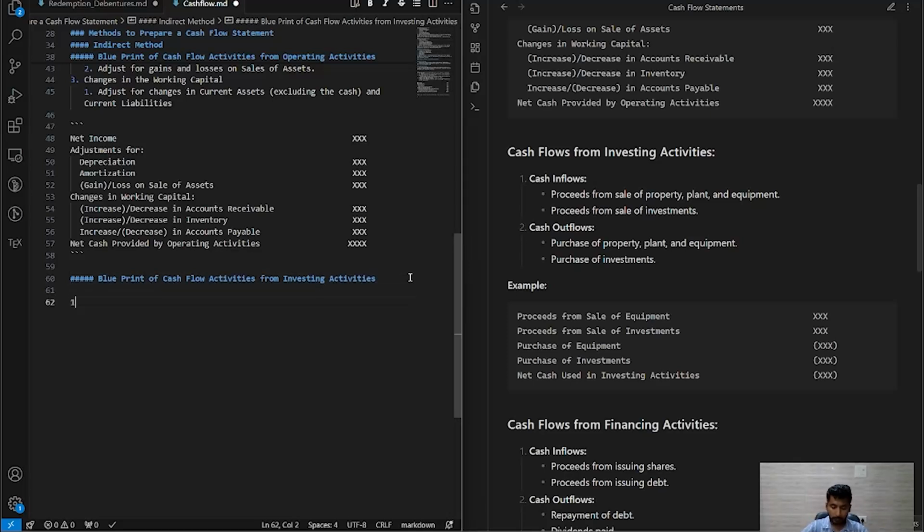Number one thing is cash inflows: proceeds from sale of property, plant and equipment, and proceeds from sale of investments.